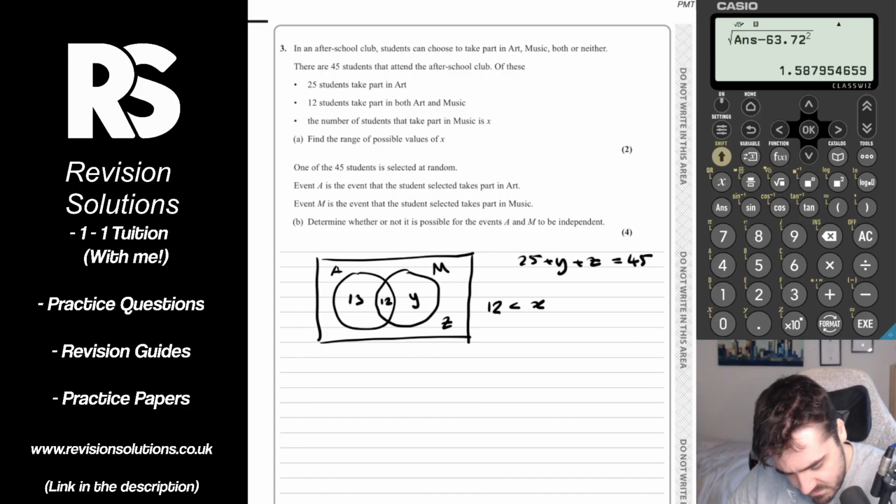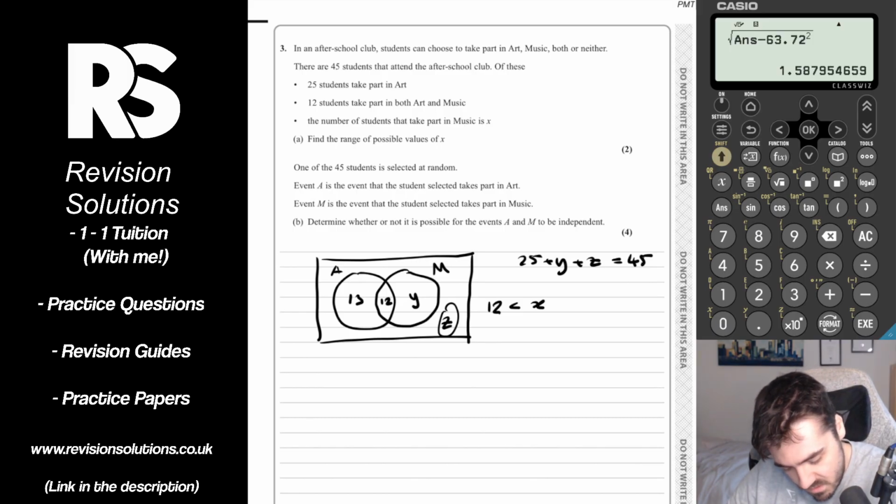And then if you think there's a cap, well, let's assume the extreme case would be that 0 do neither, right? That would give us the extreme value, as many people as possible doing music.